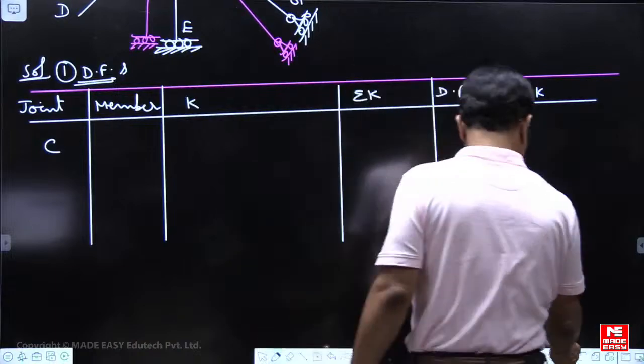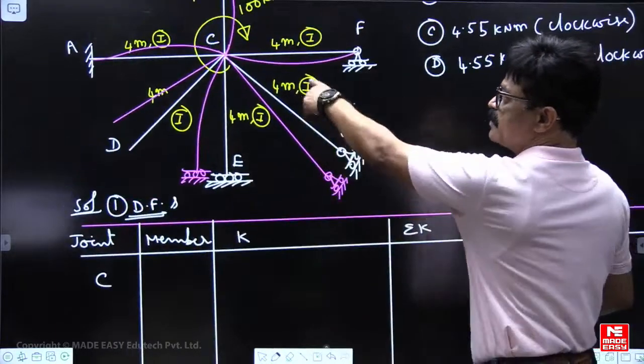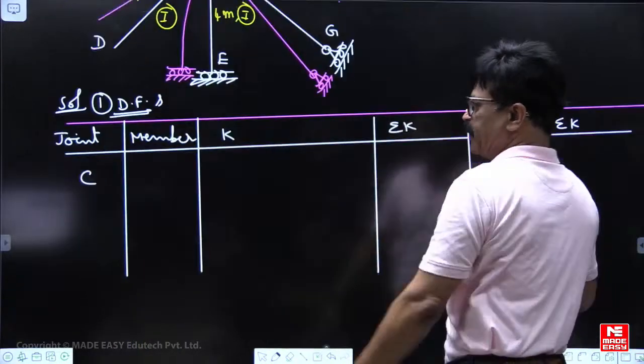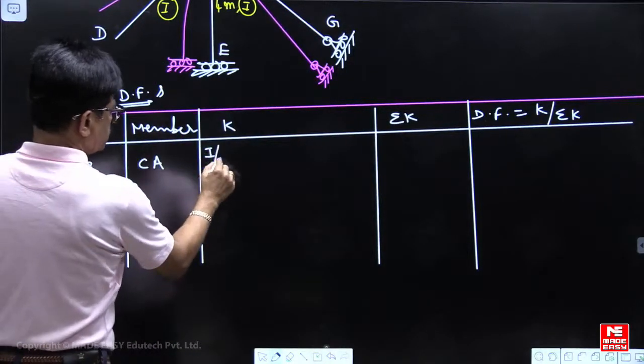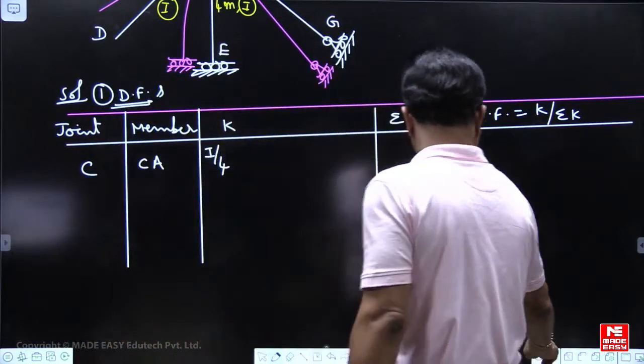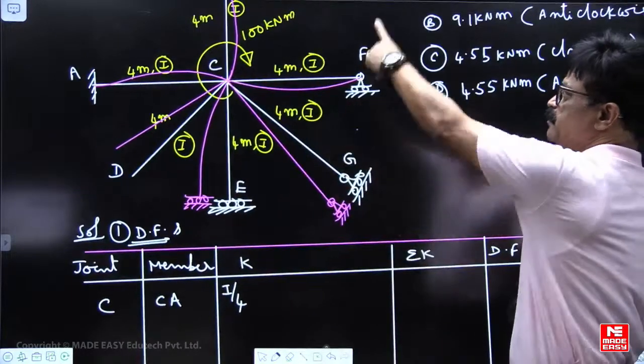How many members are there? C to A. Far end is fixed, so I by L. Member CA, you have to write I by 4. Next, CB.